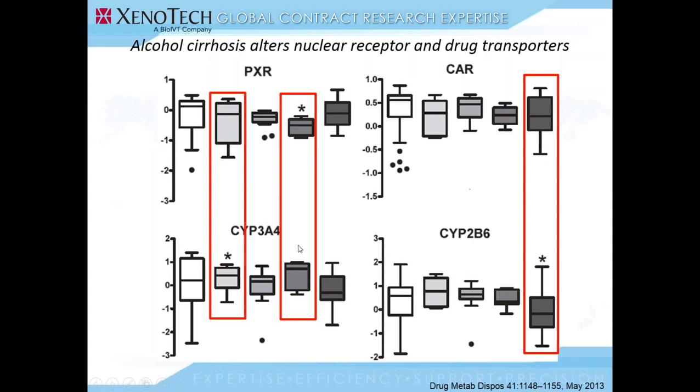While in a steatosis group, which is this group, CYP3A4 was increased without corresponding increase in the PXR mRNA. Similar observations can be made for expression of constitutive androstane receptor CAR and phenobarbital responsive CYP2B6 mRNA in this group of diabetic patients.